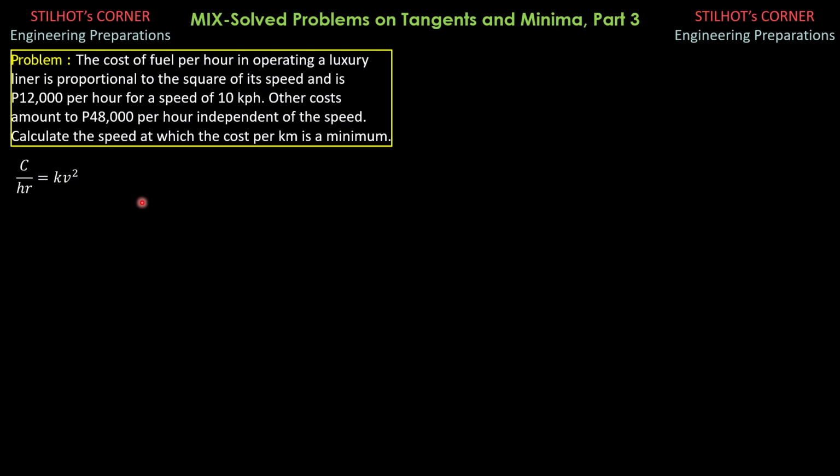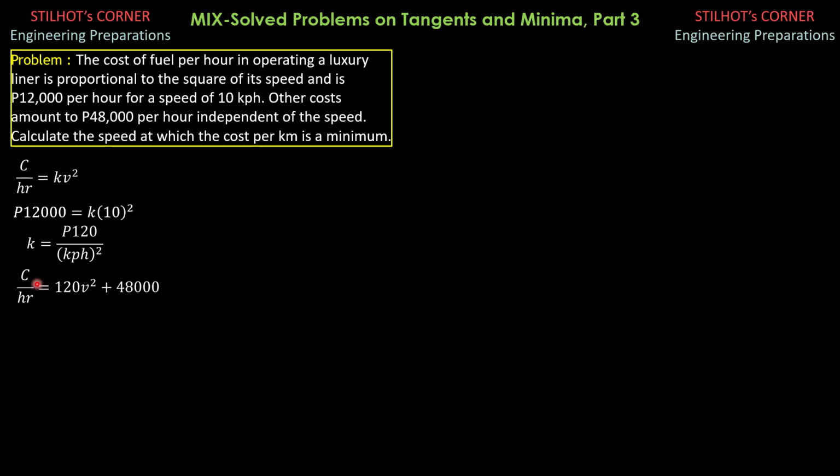So 12,000 equals k times quantity 10 square. So solving for k is 120 pesos per kph square. So the formula for cost per hour therefore is 120 v square plus this cost which is independent of the speed, 48,000. So cost per hour is 120 v squared plus 48,000.